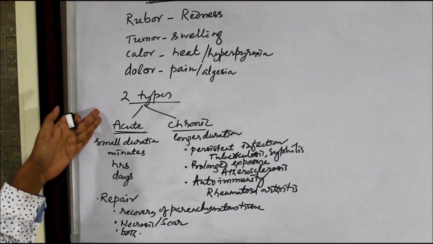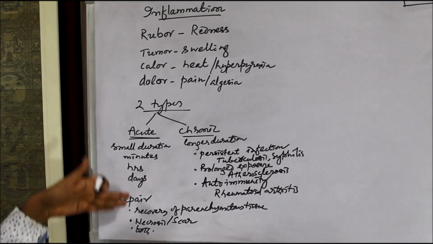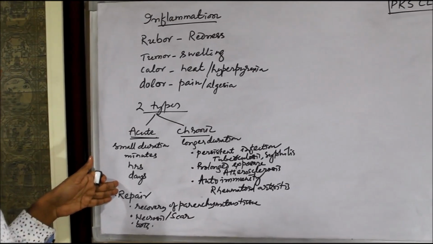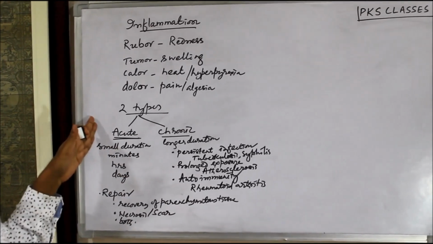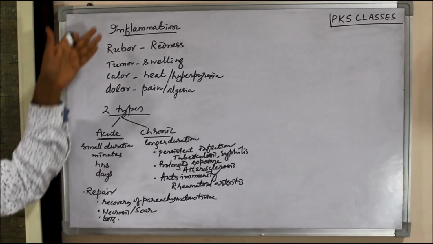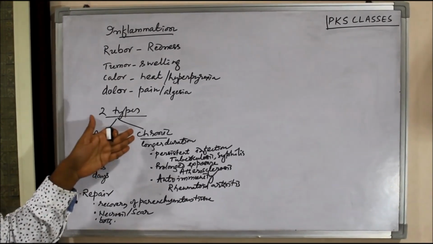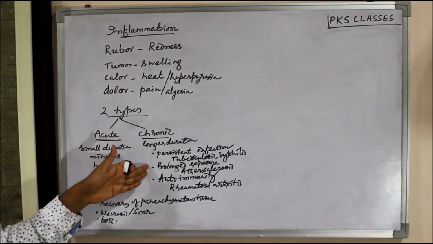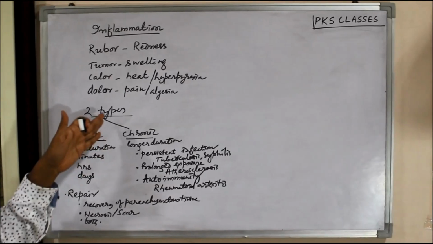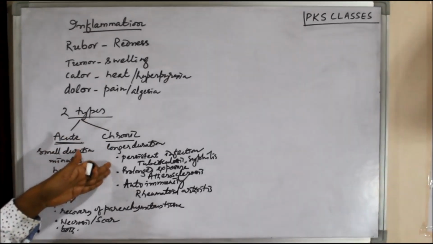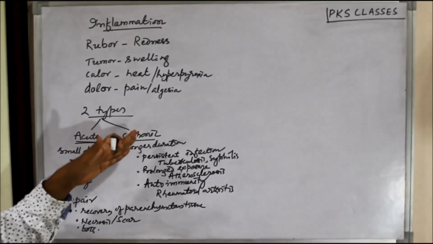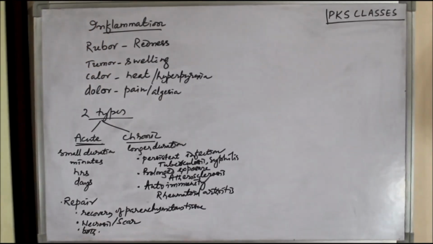So acute inflammation is always associated with repair, and we can clear it by using anti-inflammatory drugs. And chronic inflammation is not usually associated with repair, and we can only suppress it by using anti-inflammatory drugs.